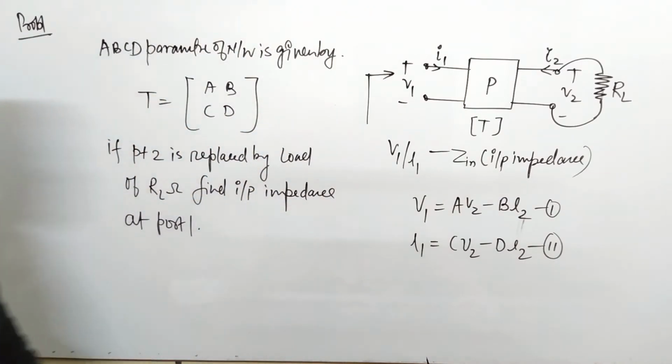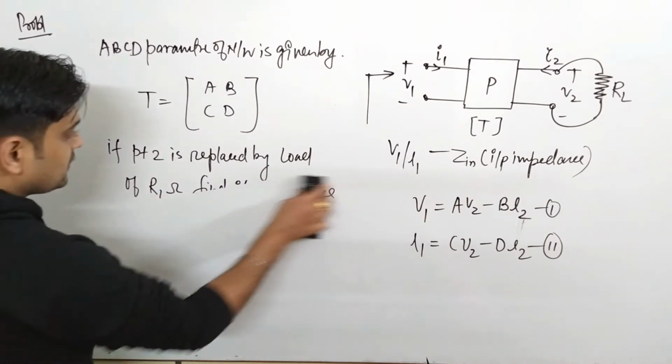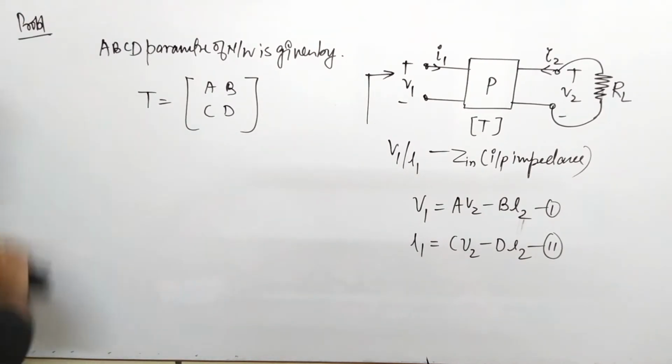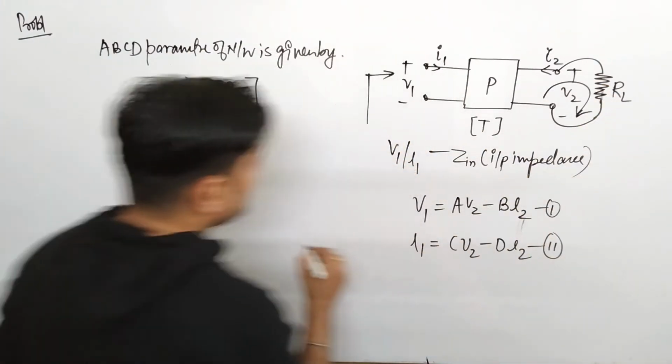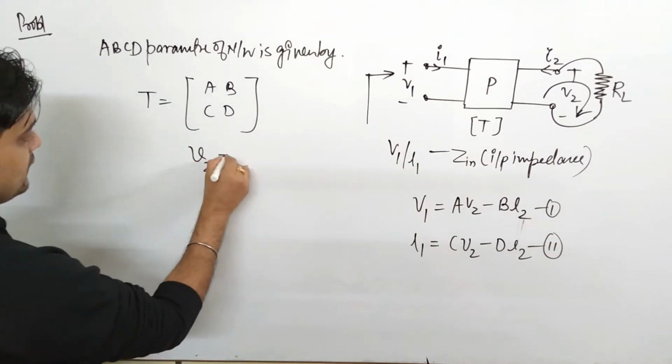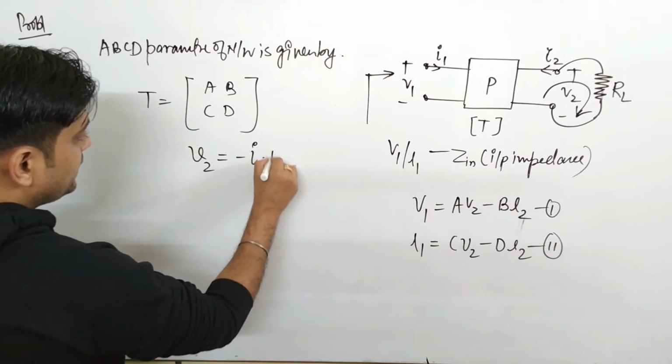So you have to directly write whatever the parameter mentioned here, and based on that you have to solve this problem. Now if you apply one loop here, one KVL, you can say that the value of V2 is equal to minus of I2 into RL.